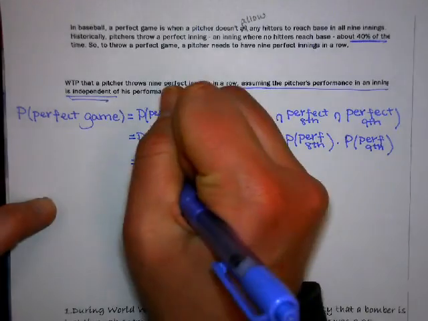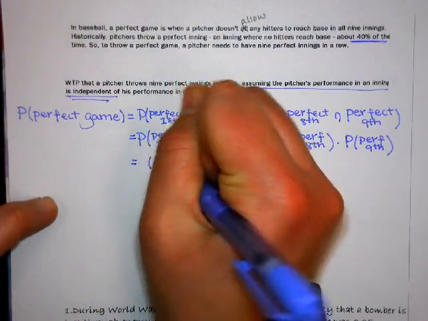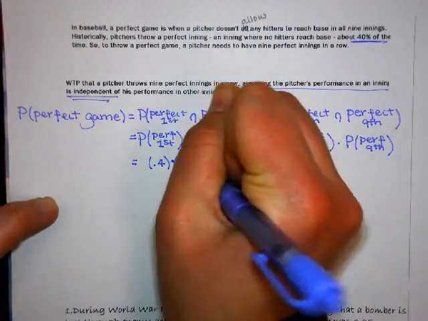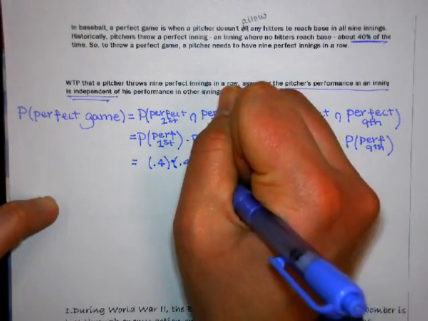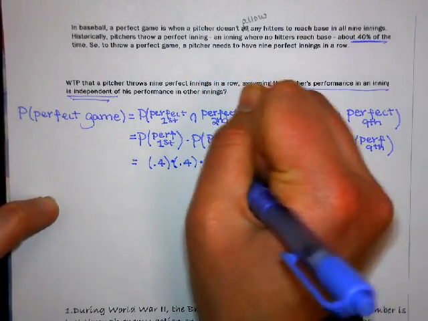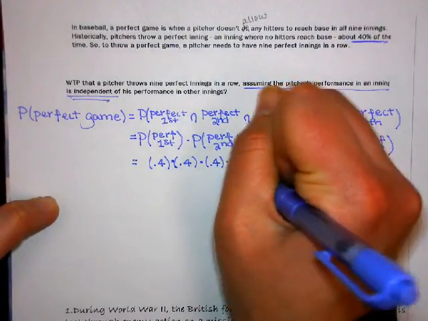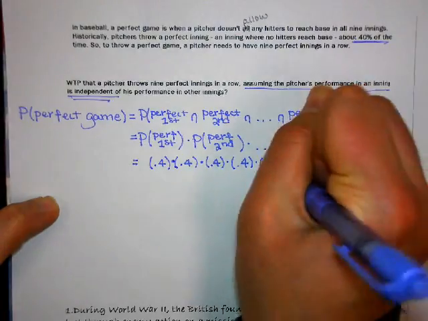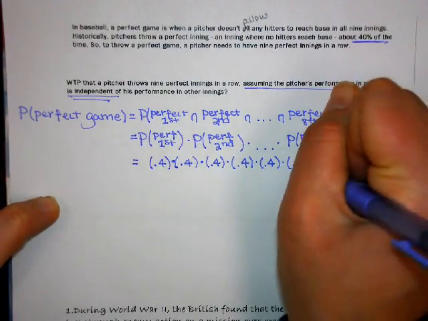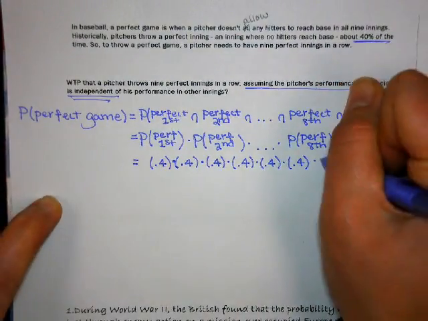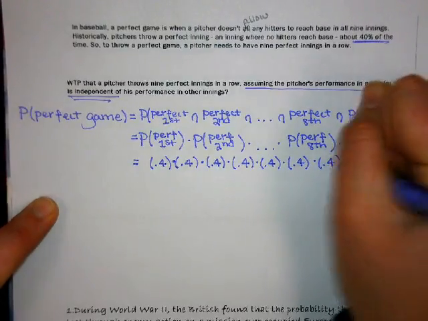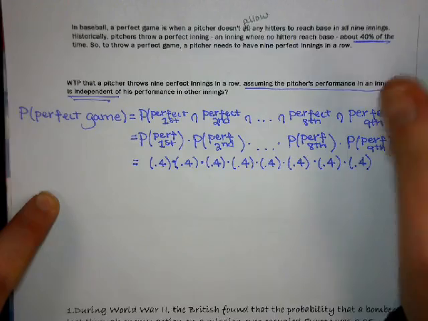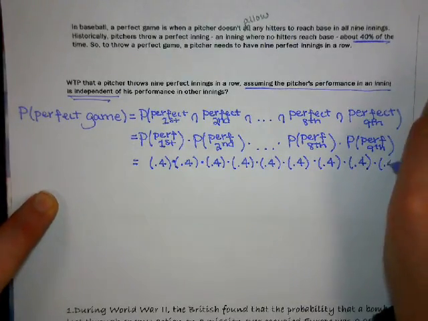I suppose I can actually write out 0.4 9 times. That's 4, 5, 6, and I'm sure some of you are like, seriously, come on, Ms. Woodall, that's what exponents are for. You can write this as 0.4 to the 9th. I think I have 9.